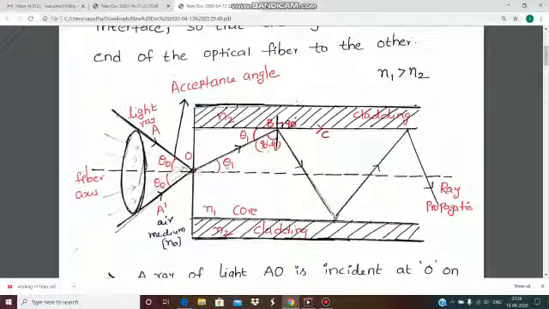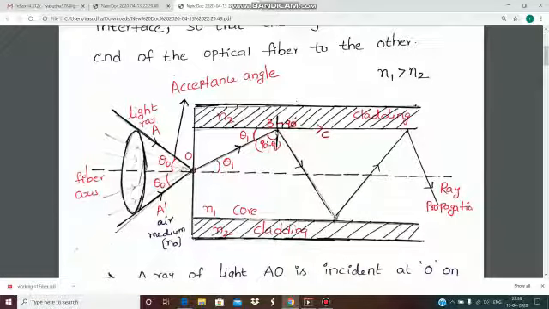OB is the refracted ray. Here is the core, here is the cladding, and this is the core-cladding interface. Here also it is the interface. Now this refracted ray OB is incident at the core-cladding interface at point B with an angle of incidence 90 minus theta 1.